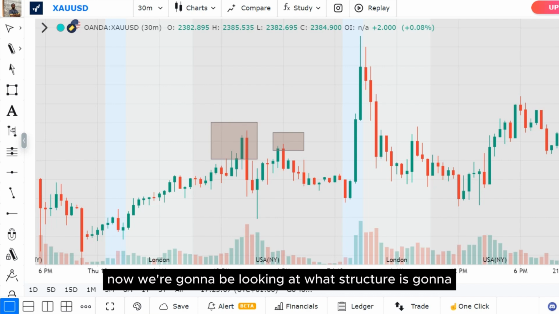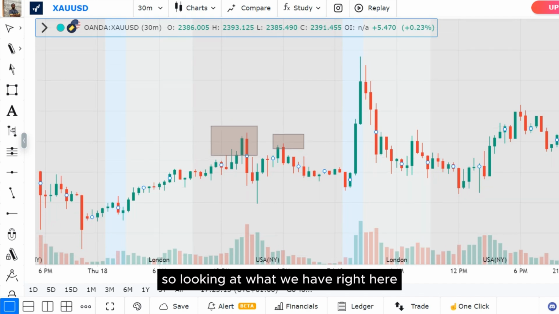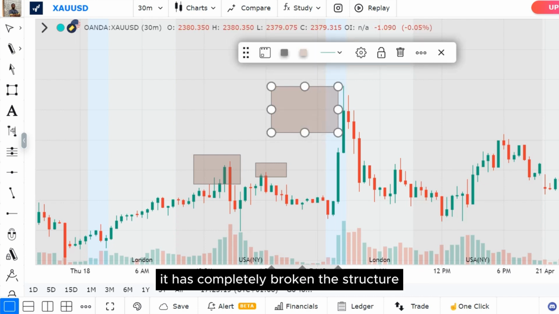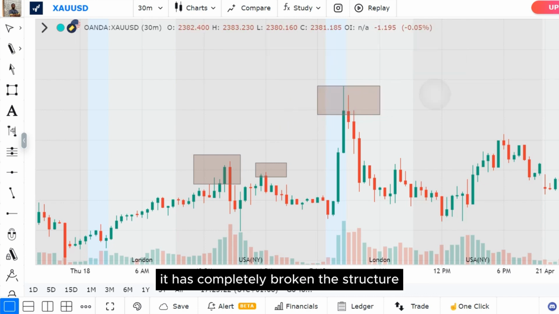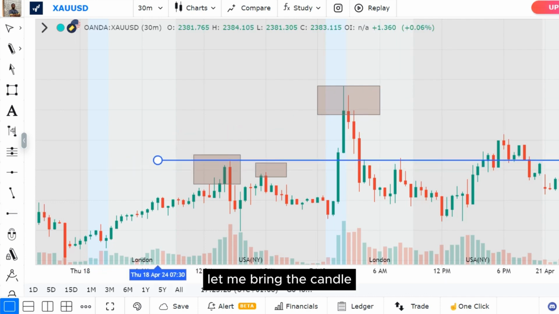Now, we're going to be looking at what structure is going to break either of these two, all right? So looking at what we have right here, this has broken the structure completely, okay? It has completely broken the structure. Now, for the wick to come and break these two structures right here, let me bring the candle.